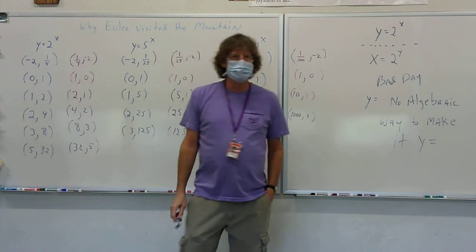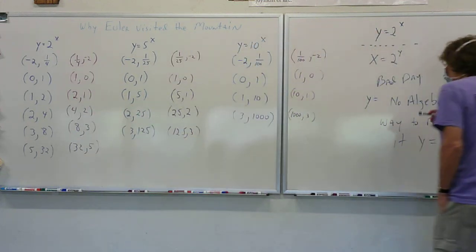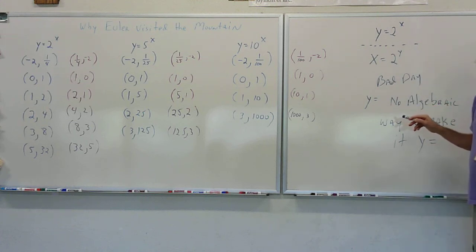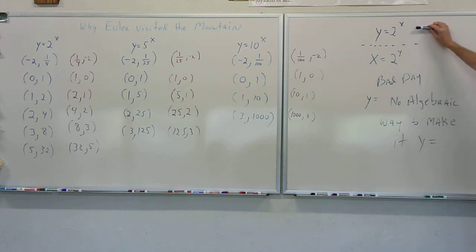But this is why Euler had to visit the mountain. Is because the way that we had always found inverse functions wouldn't work. You couldn't use good old algebra and this nice method that works for lots and lots of problems.